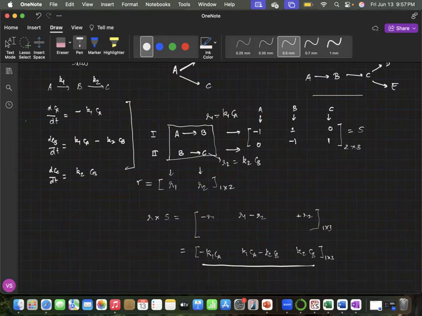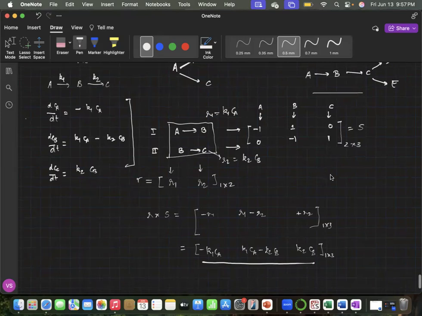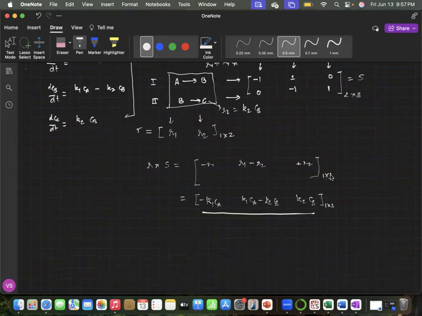And then it becomes easier to deal with these kinds of systems. So let's call this vector F, right?